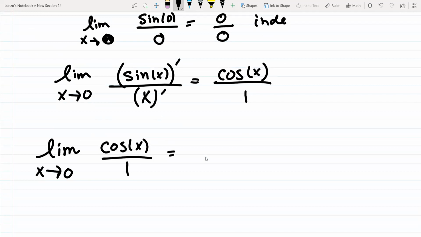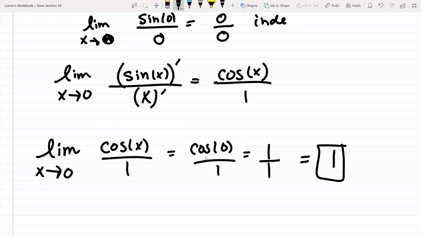And then when you plug in 0, it's cosine of 0 over 1. So cosine of 0 is 1, over 1, which is 1. So that is your final answer.